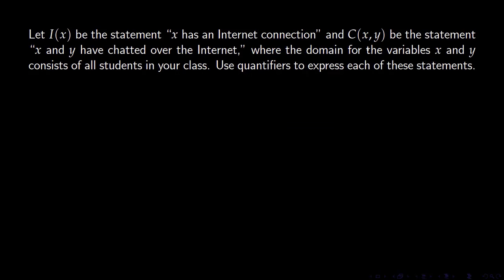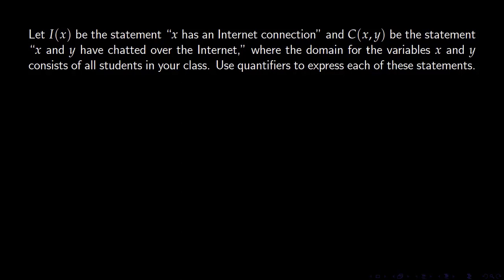Let I(x) be the statement x has an internet connection, and C(x, y) be the statement x and y have chatted over the internet, where the domain for the variables x and y consists of all students in your class. Then use quantifiers to express each of the following statements.